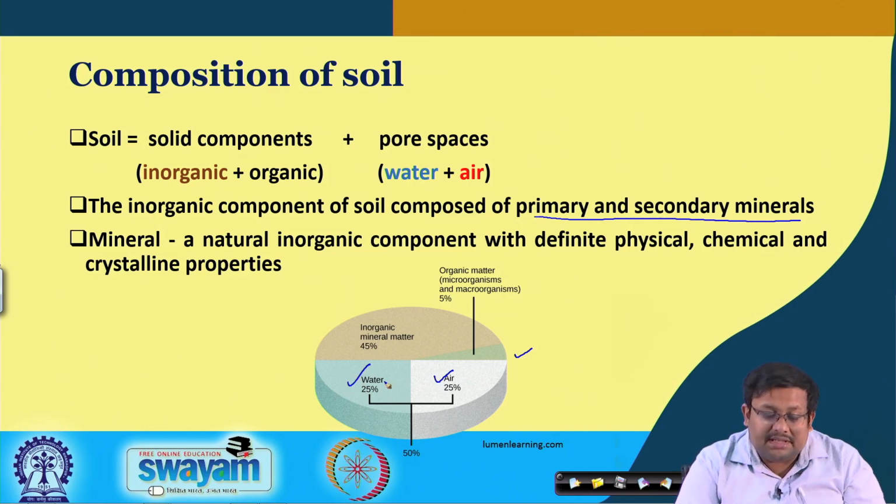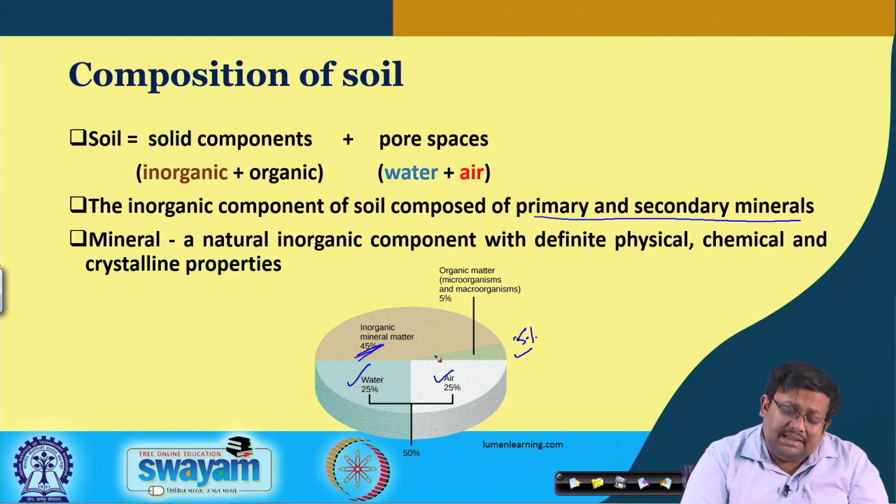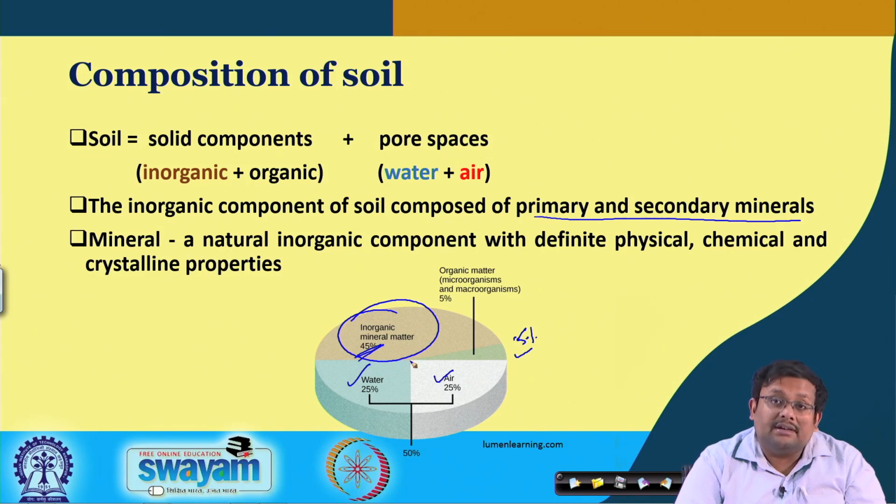Among the solid 50%, inorganic compound will be 45%, whereas organic matter, which is basically composed of microorganisms, macroorganisms and humus, will account for only 5%. So, this is the volumetric composition of soil. Now, in this week we will be focusing on this 45% inorganic mineral matter which is very important for soil.